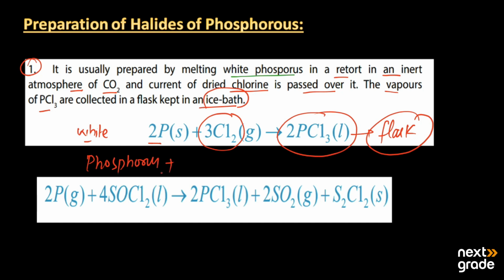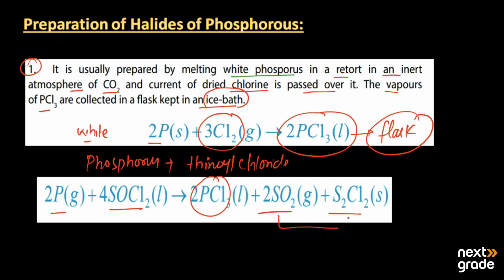Now the second method is the action of phosphorus with thionyl chloride. Here this is SOCl2, its name is thionyl chloride. When phosphorus reacts with this, it produces phosphorus trichloride with sulfur dioxide and S2Cl2.